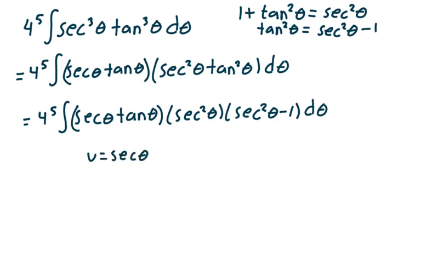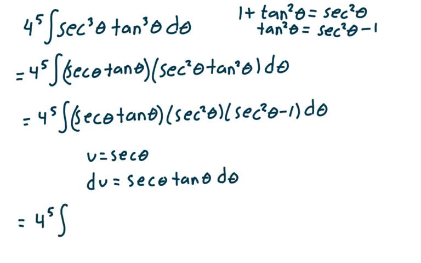Let u be secant theta. du is secant theta tangent theta d theta. And so this is 4 to the 5th times the integral of u squared times u squared minus 1 du. From here, distribute the u squared inside.